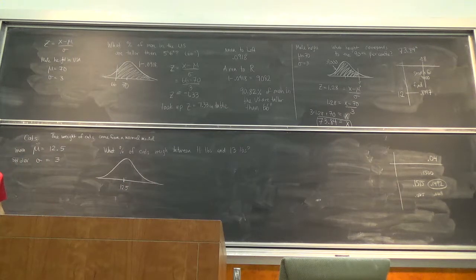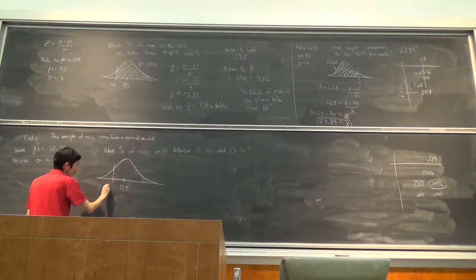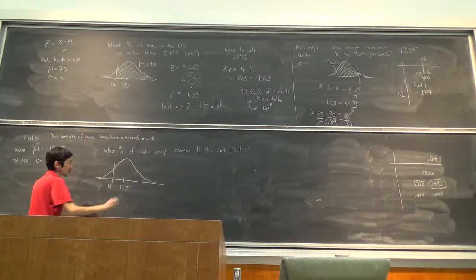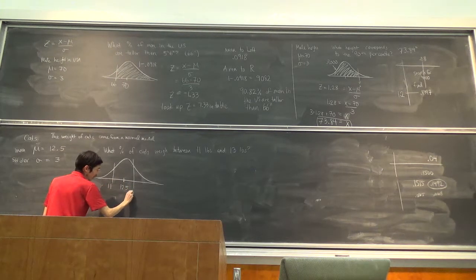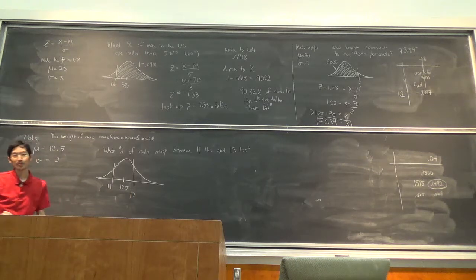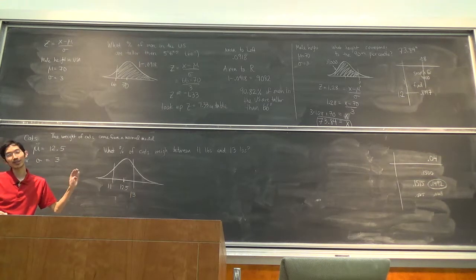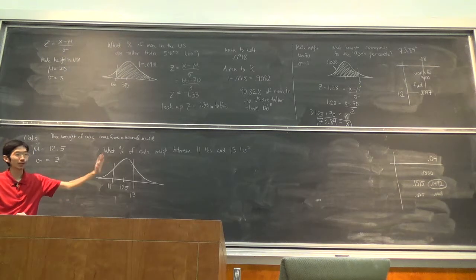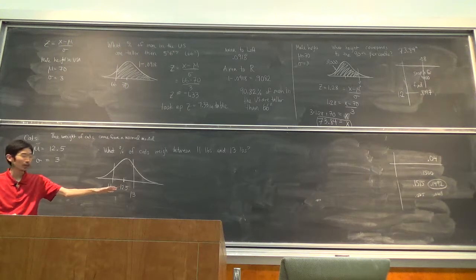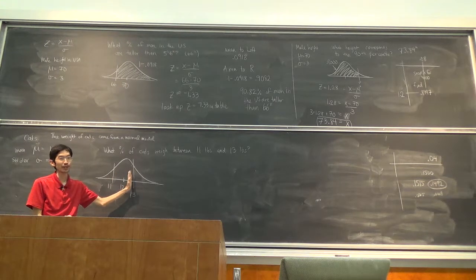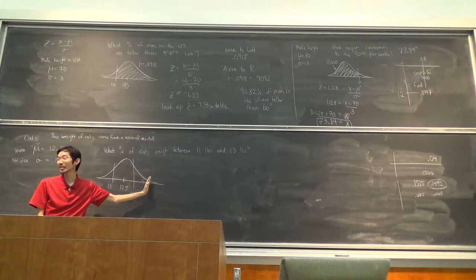Okay, I'm drawing a line at 2 locations, 11 and 13. Where does 11 go? To the left of 12 and a half, okay? And where does 13 go? To the right. I know it sounds silly, but I will see people, what if I ask between 13 and 15 pounds, okay? Well then 13 goes over here, and then 15 goes beyond that, right?